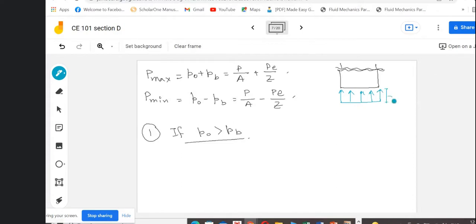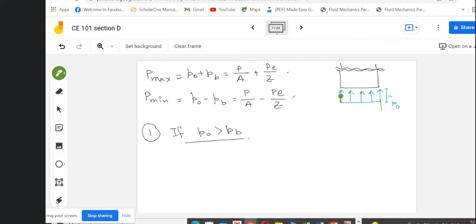So this part is P naught. Now it says this P naught is greater than the PB part, so for P maximum, the PB portion will sum up at this side, where a similar amount will go to this side because that is being reduced.